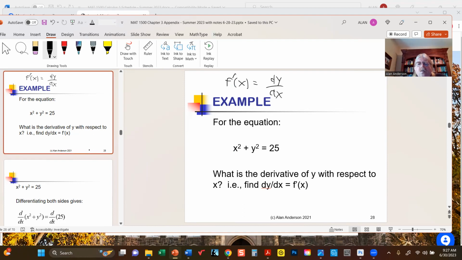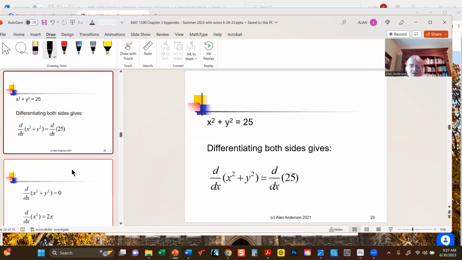All right, so here we're trying to find it. Now, with this one, you could do it the normal way, I suppose, but let's see how this implicit differentiation works. Sometimes implicit differentiation is used just because it's more straightforward, not because you couldn't do the traditional approach. But let's just see how this works.